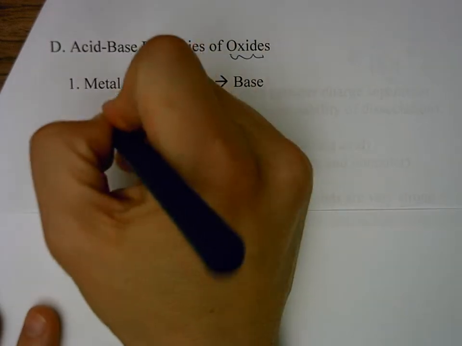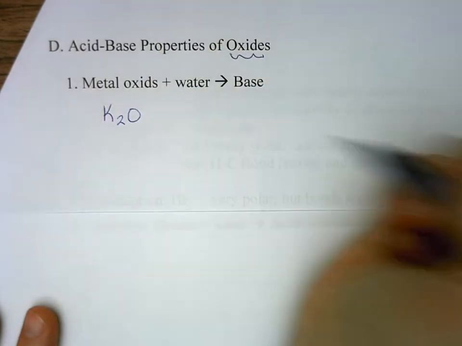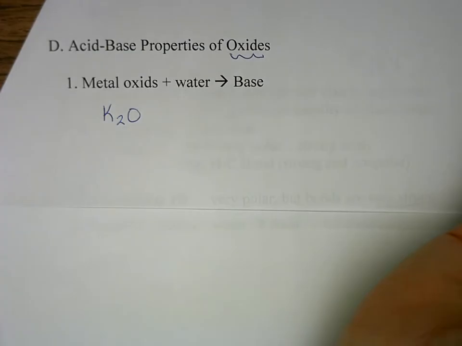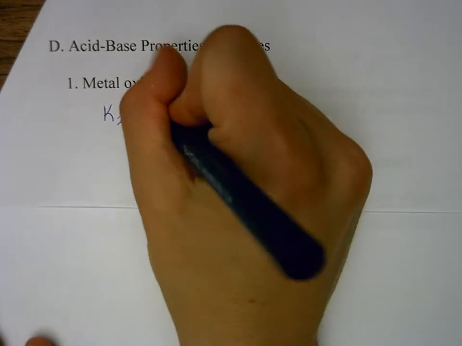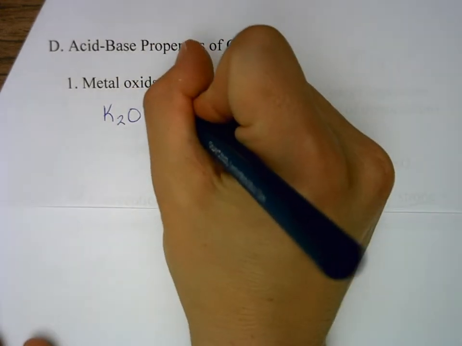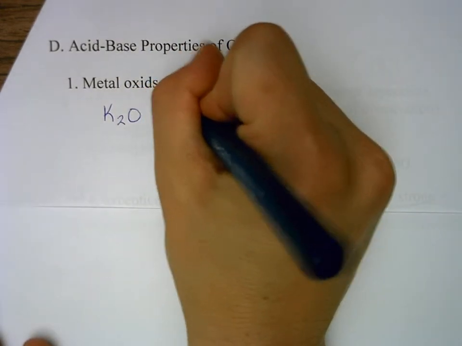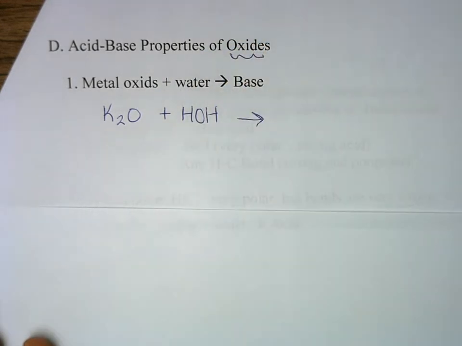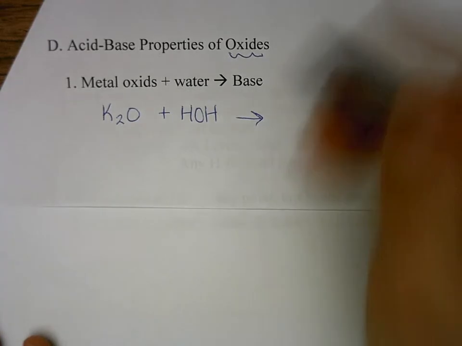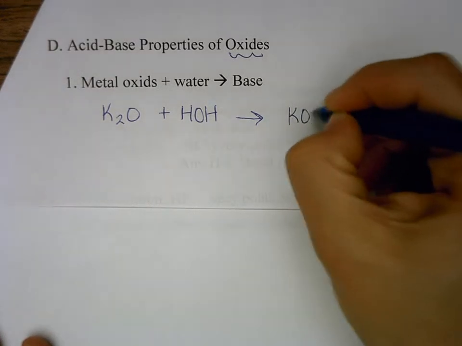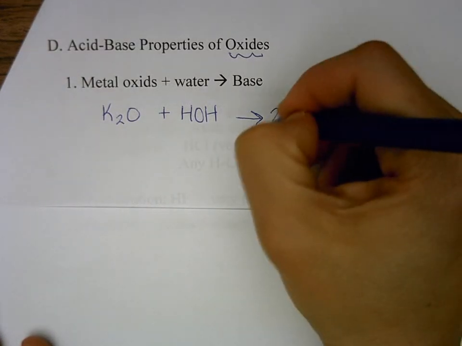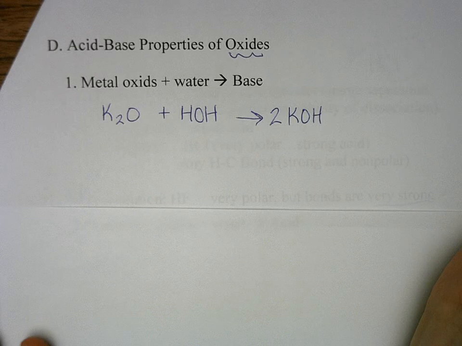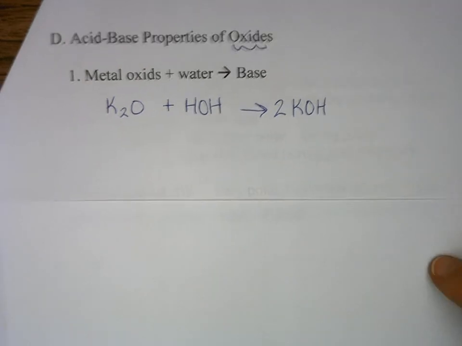So a metal oxide would just be any metal attached to oxygen, K2O, plus water, which is HOH or H2O. You're going to get potassium hydroxide. And then you need to balance that. That's balanced. Okay, so you get potassium hydroxide.